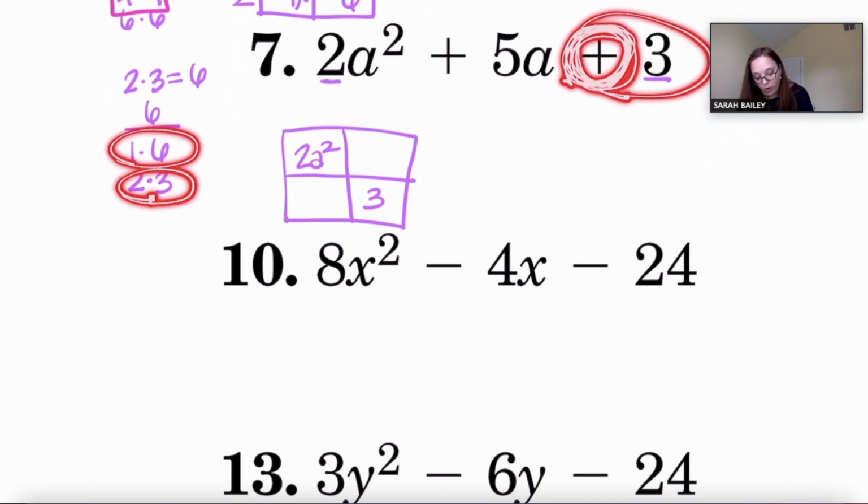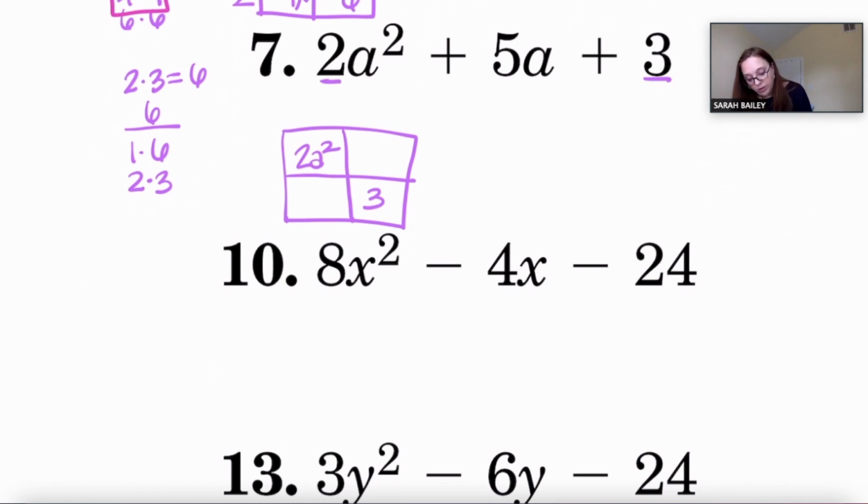If I'm using the 1 and the 6, that would be negative 1 times 6, which would be negative. So it looks like I need to use the 2 and the 3. Why don't I actually write it in pink? So I'm going to do the 2x, oh, not x, sorry, my variable's a, 2a and the 3a.